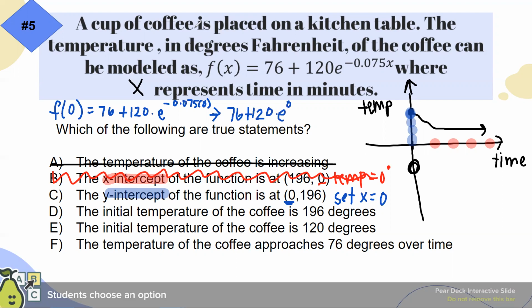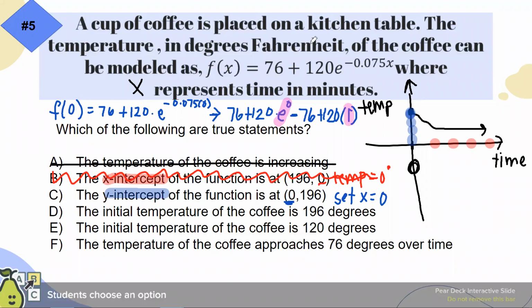And anything to the 0 power is equal to 1. So this is 76 plus 120 times 1.